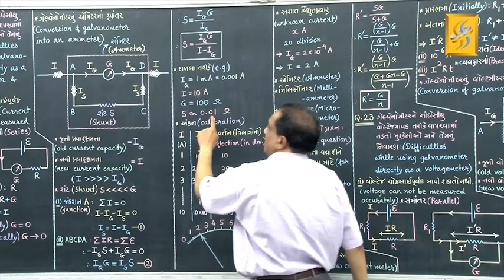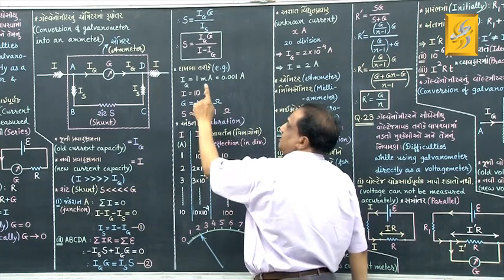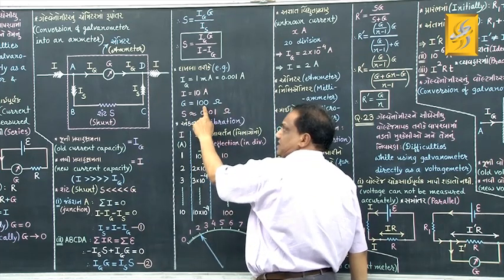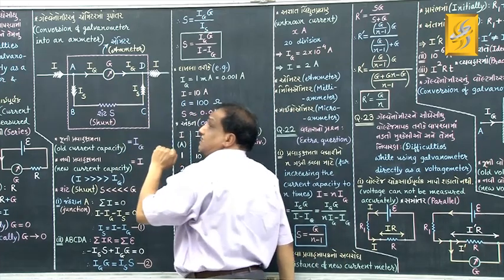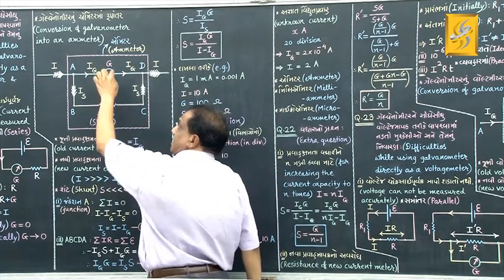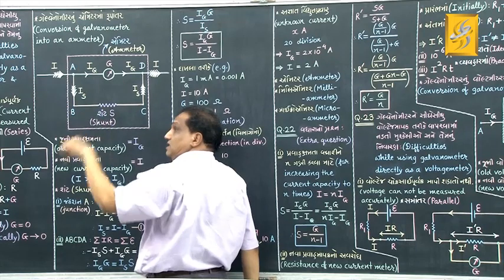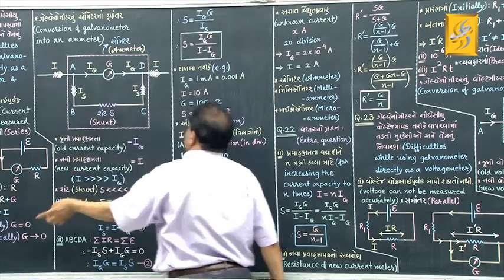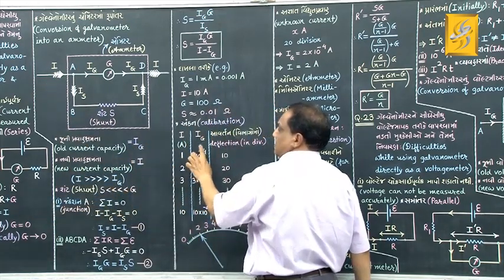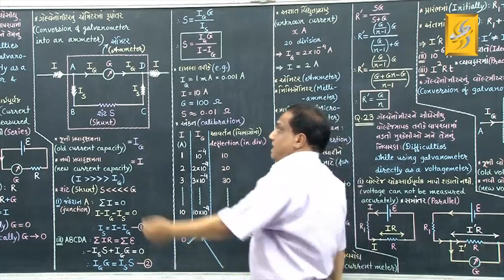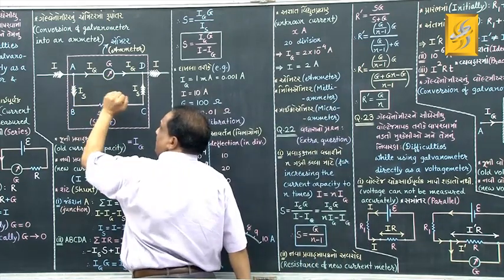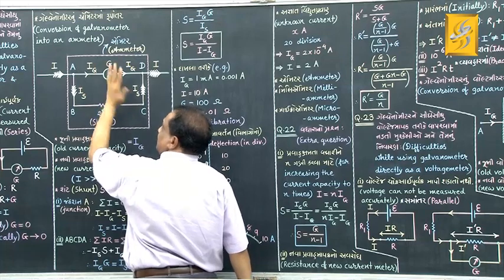Look here, compared to this value, this resistance is 10,000 times. Because this resistance is 10,000 times than this, then current passing through this will be 10,000th part of this current. 10,000th part of this current is 10 raised to minus 4 ampere, correct? And that much current, when it passes through galvanometer, will produce some deflection.